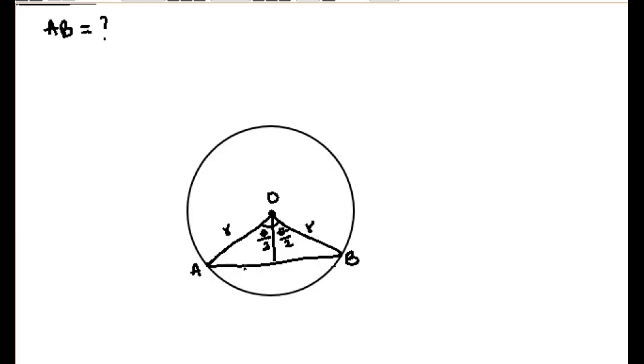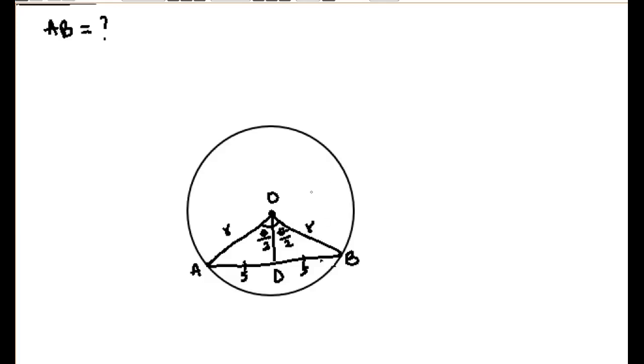Also, if AB is 10, for example, and let me call this point D, since OD is bisecting this chord, AD will become 5, and D to B will become 5 also. So whatsoever length my chord is, once I have a line drawn from the center to meet that chord, the length of the chord will be bisected. That's a rule you should know.